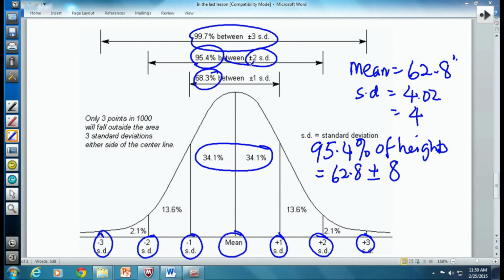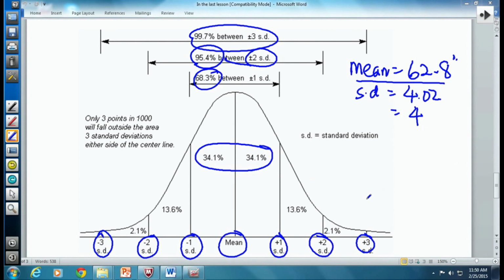So we can say 62.8, the mean, plus and minus 2 standard deviations, which is 4 times 2, 8. So this one will be between 54.8 and 70.8. Get it?